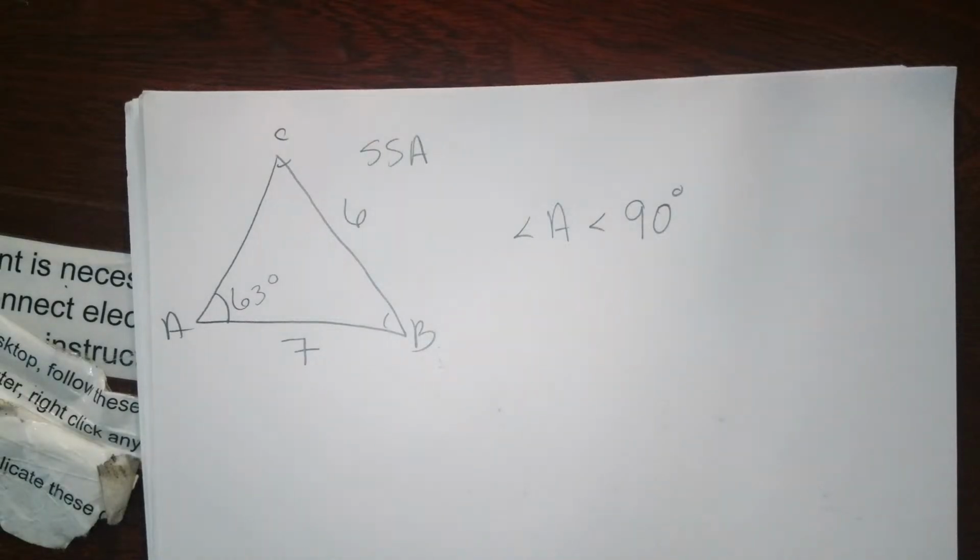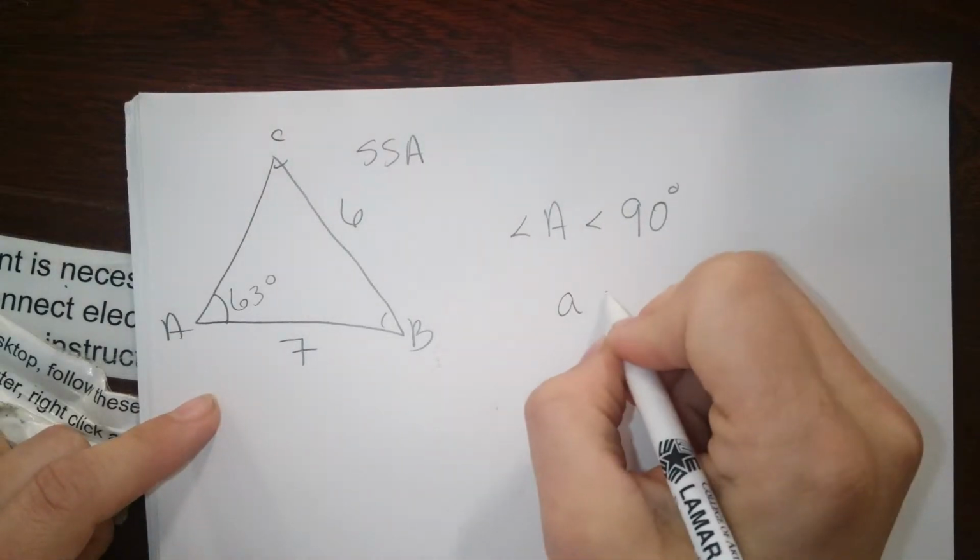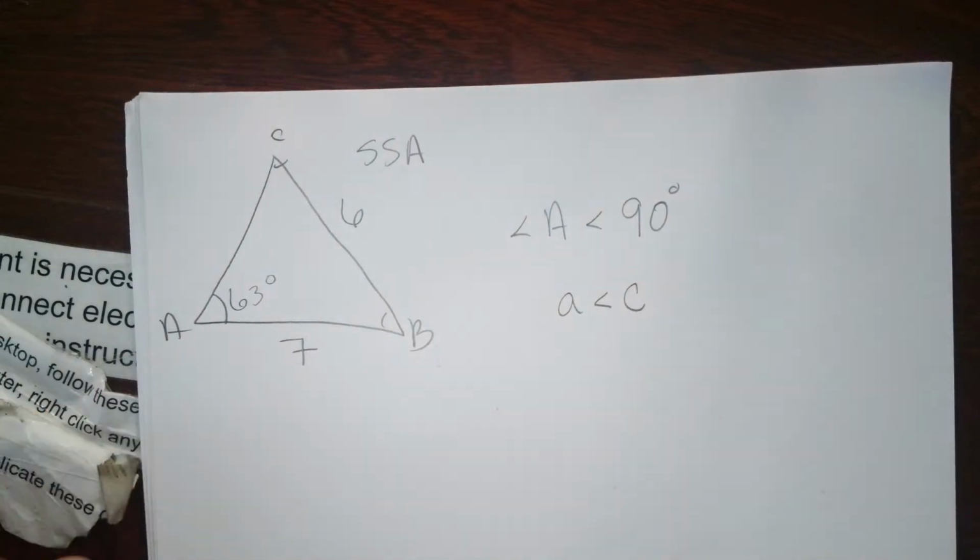Now you determine if the side corresponding to the given angle is longer than the other side. So now we have to determine how big the side that corresponds to the given angle is. It's 6. Is it bigger than the other side? It's shorter, right? So I have that side a is less than side c.